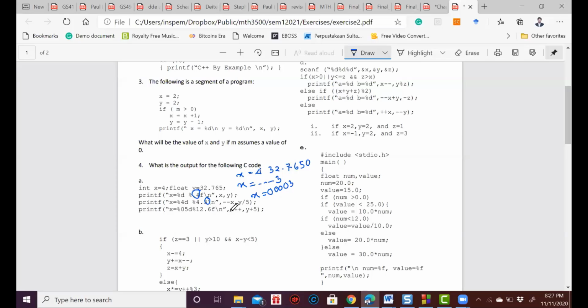Why is x plus plus 3? Post increment. Because post increment doesn't change the value in this expression, so 3 is still 3. This one is 4, 0 because of the 0 here. If you run in C, 5 0 5d means 5 allocates the space, and 0 means the space in front is filled with 0, 0, 0.